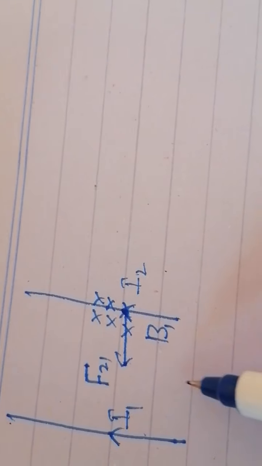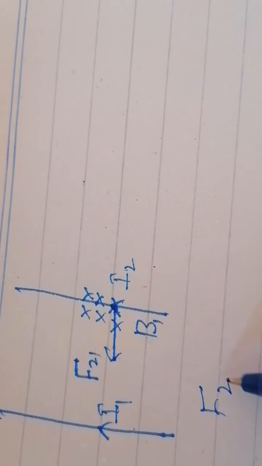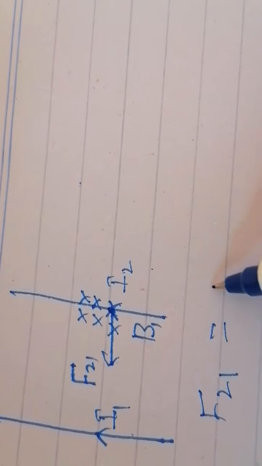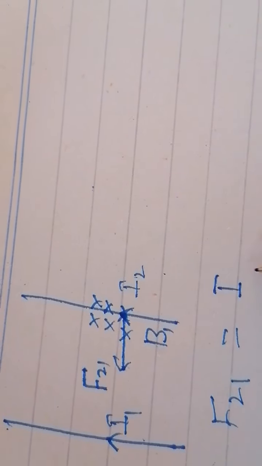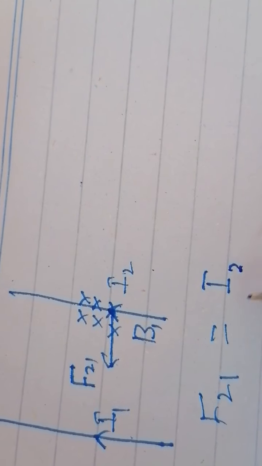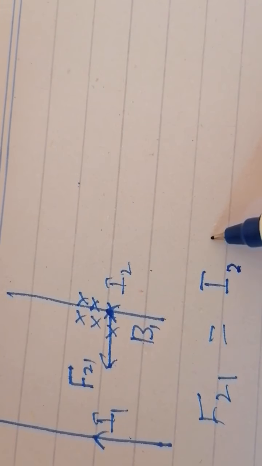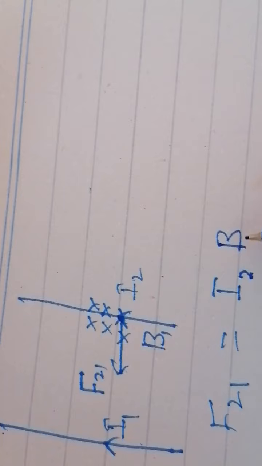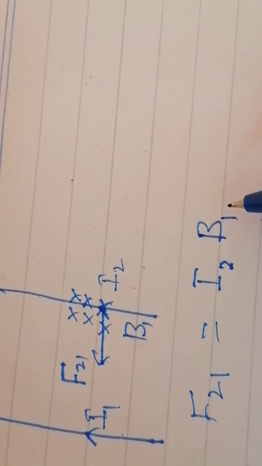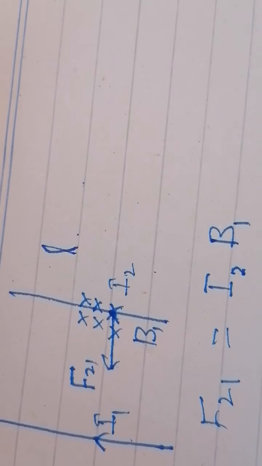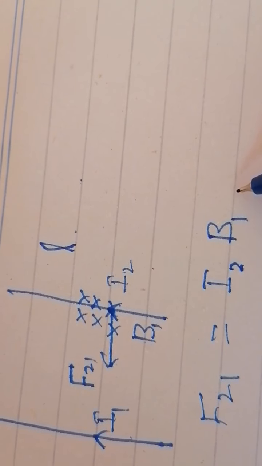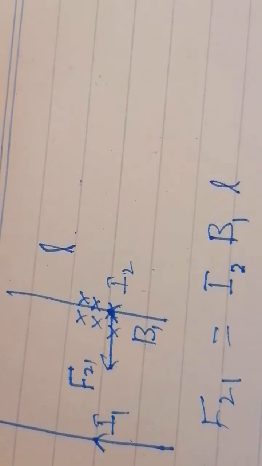So that force will be given by F21 equal to I, in wire 2, and the B of one wire, and the length, for example the length of this wire is L. So that will be given by L.